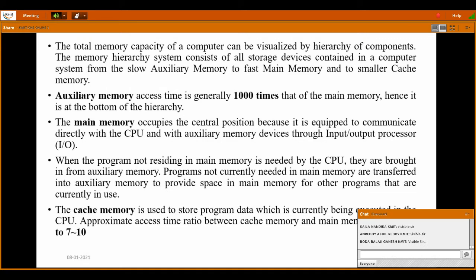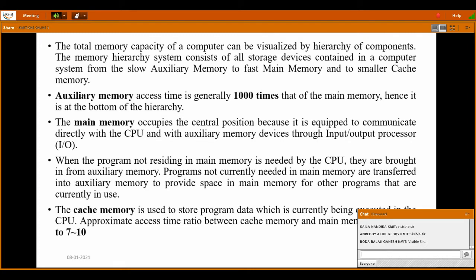The main memory occupies the central position because it is able to communicate directly with the CPU and with auxiliary memory devices through the input or output processor, that is, the IO processor.